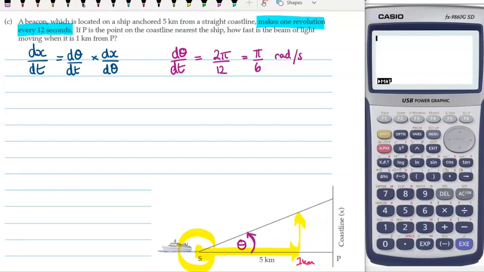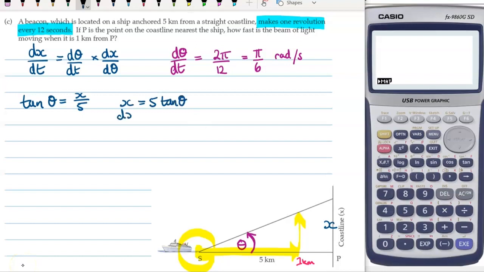We have x on this side, we've got theta, and we also know the 5 that's just here. So we've got the opposite and the adjacent, so we're using tan. Tan theta is equal to the opposite over the adjacent, which is x over 5. So x is equal to 5 tan theta.